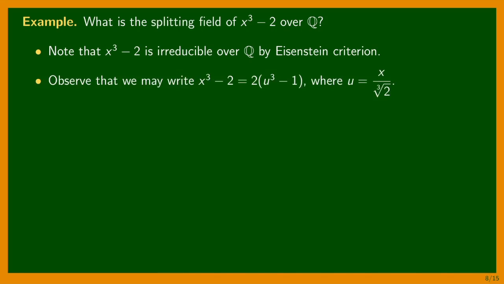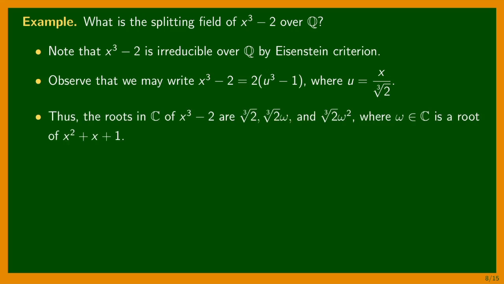Observe that we may write x cubed minus 2 as 2 times u cubed minus 1, where u can be adjusted as x over cube root of 2. Tama ba? Yes, no? Algebra lang to. So, ang mga roots na ito, pag in-equate mo, magiging 0 ito if and only if u cubed minus 1 is equal to 0.